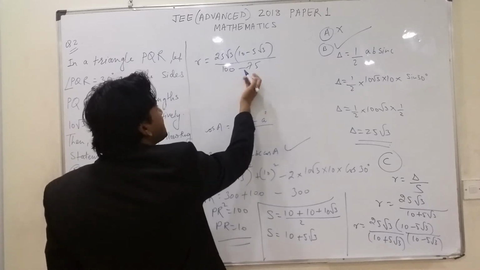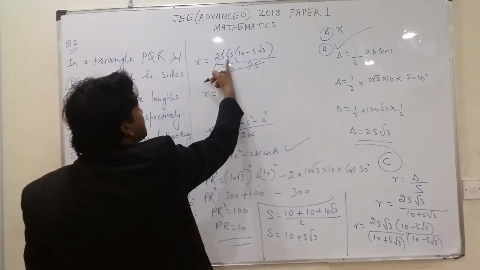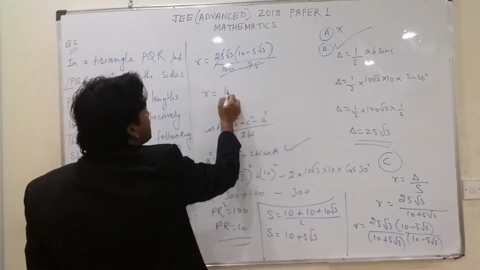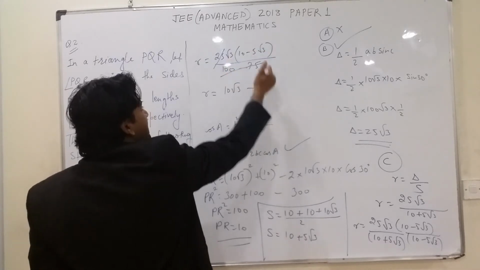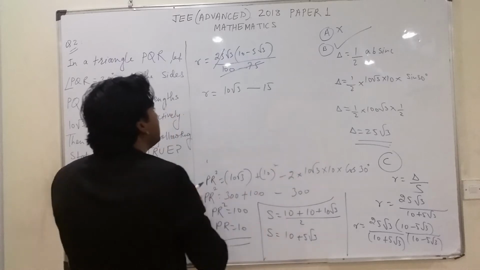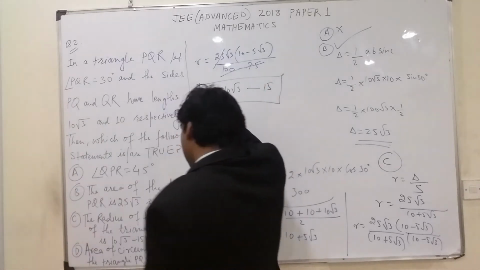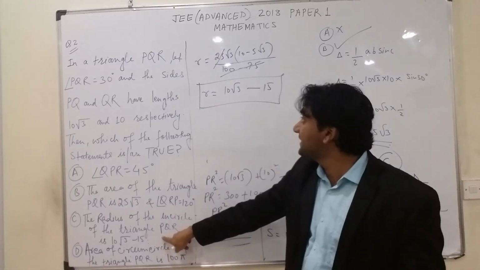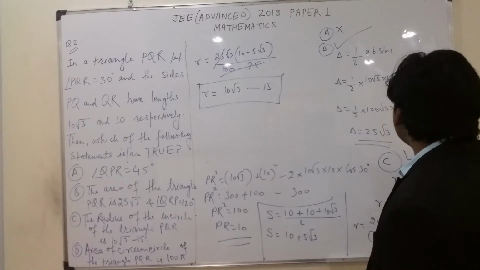So 100 minus 75 is 25, and this 25 cancels. The small r equals 10 root 3 times 10, that is 10 root 3, minus 5 times root 3 times root 3, that is 15. So small r I got is 10 root 3 minus 15. This is the inradius which I got, and the given inradius is also 10 root 3 minus 15. It means option C is also right.